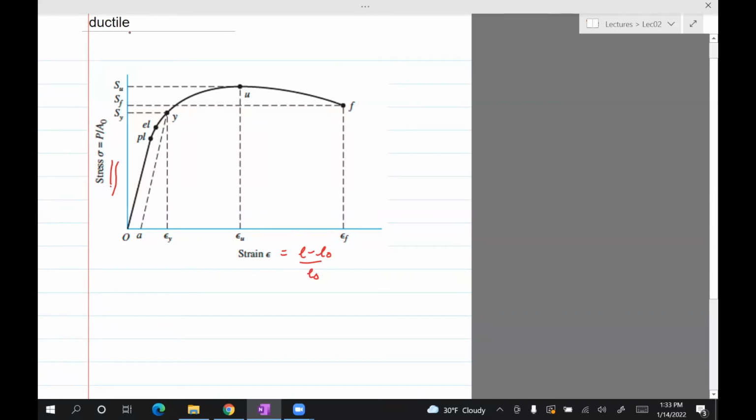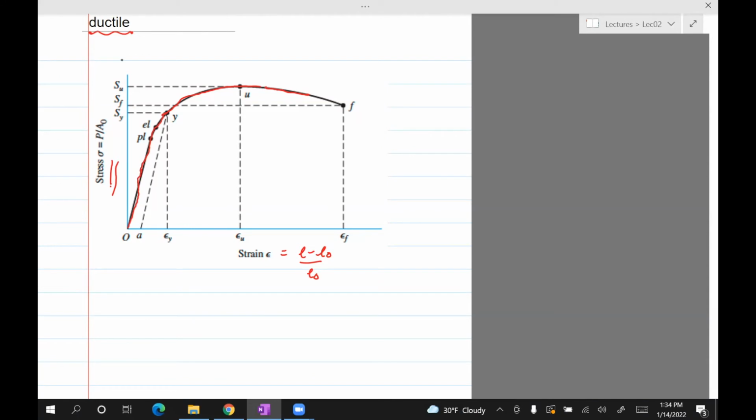And this is for a material which we call ductile. So an example would be steel. For steel, if you keep increasing the load P, you will see a stress strain curve which looks like this. The black solid line is the stress strain curve. Now in this plot, there are a few interesting things, and these will be very important later on when we talk about design.